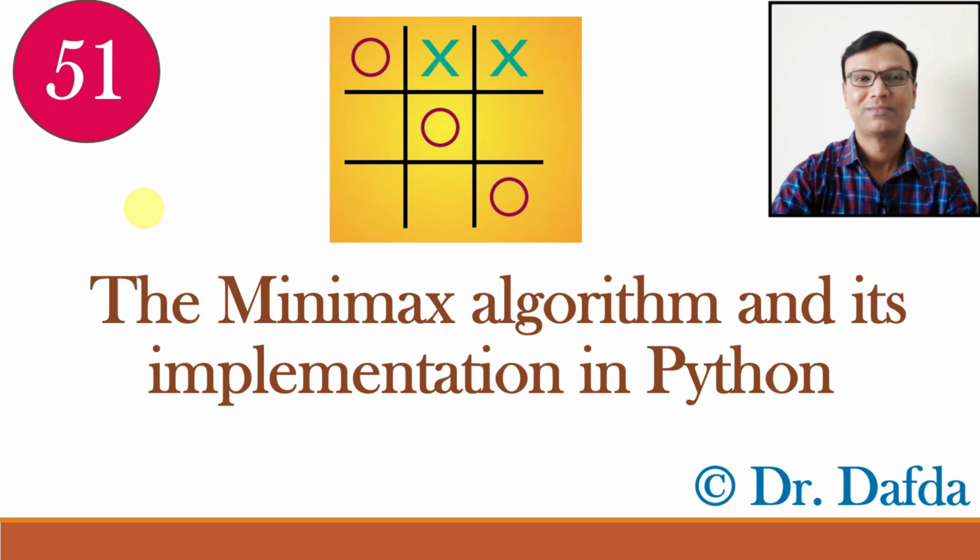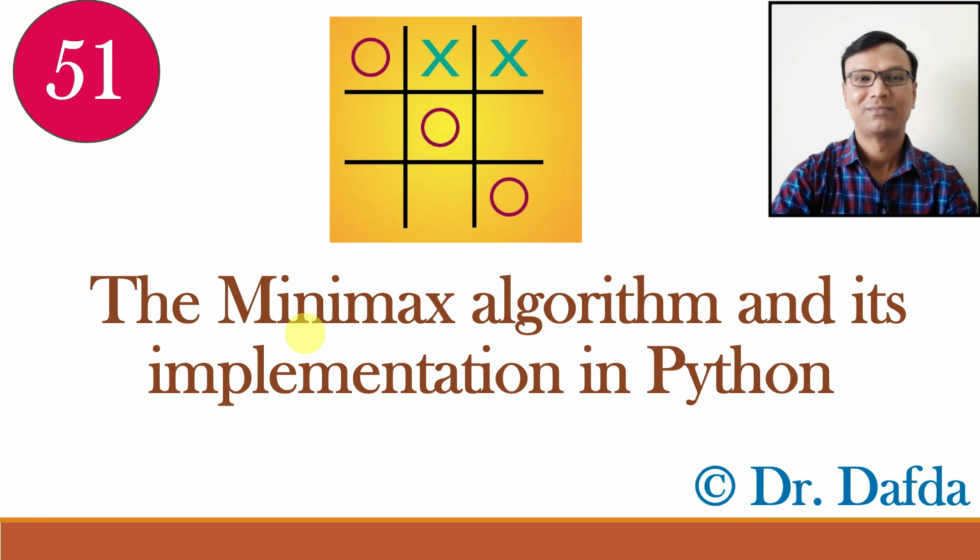And each player tries to make the best decision while also considering what the opponent may do next. So now the natural question is, how can an AI choose the best move when the opponent is also trying to defeat it? This is where the Minimax algorithm comes into the picture.